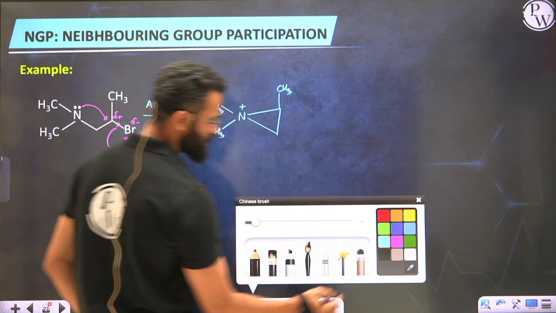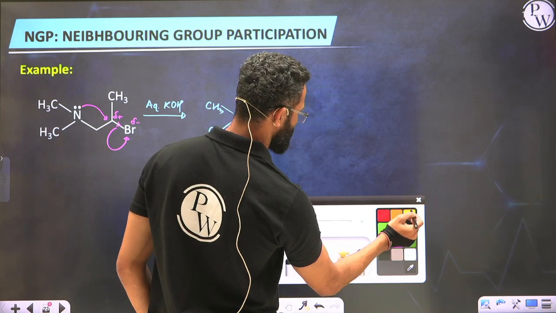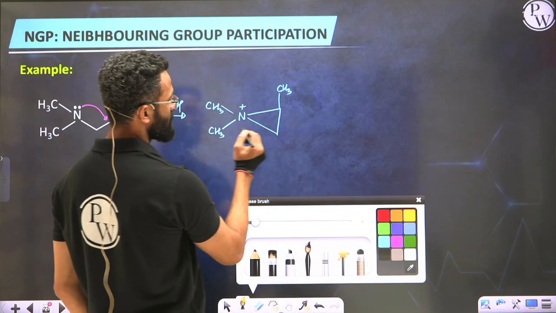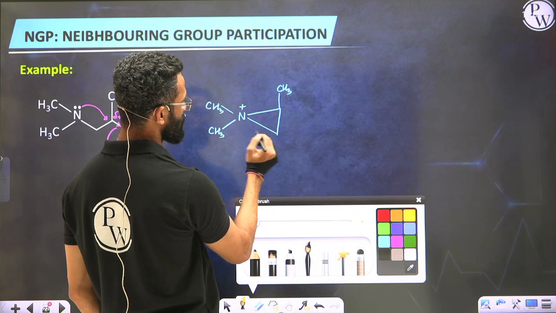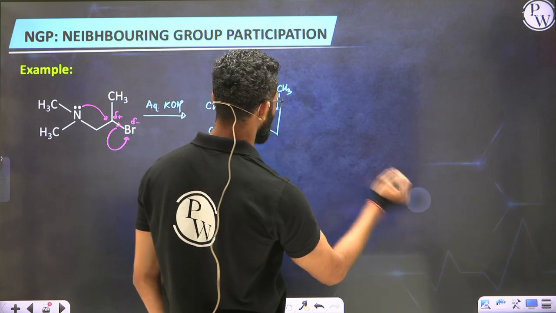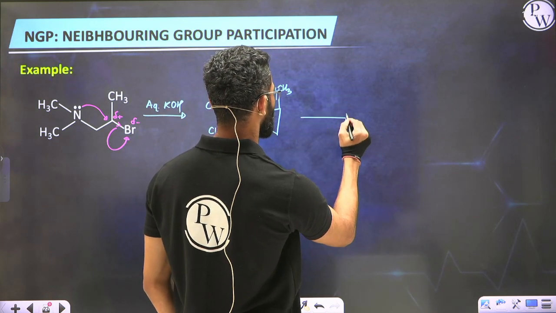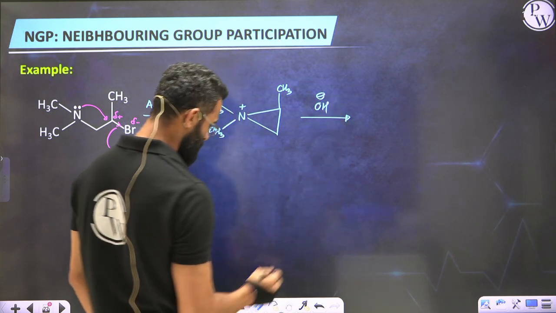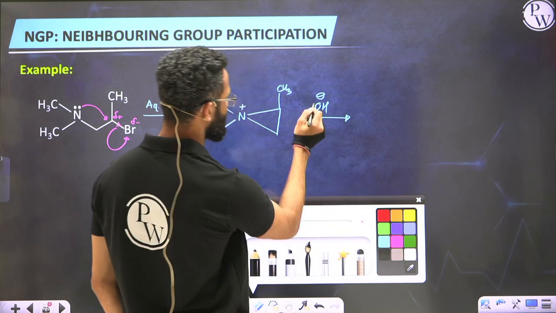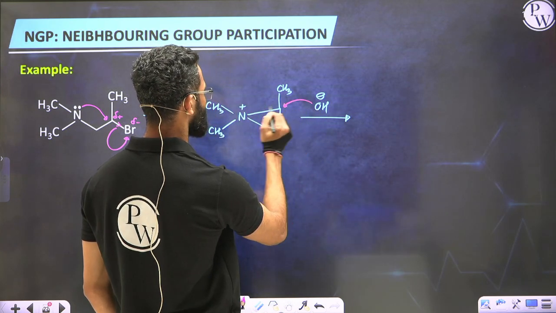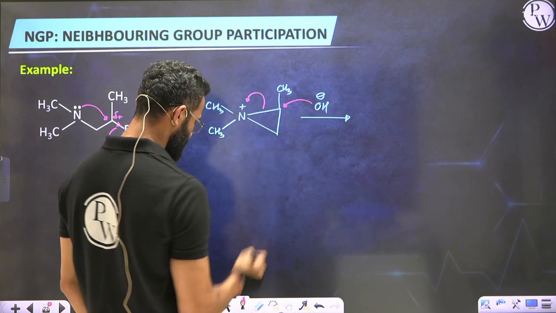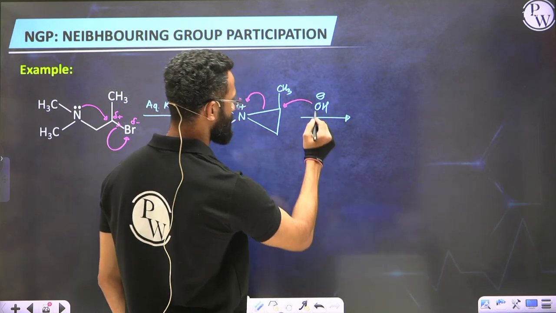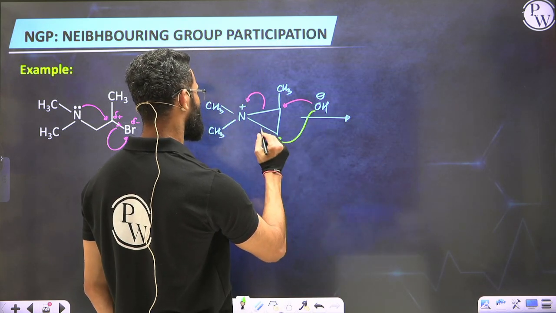Now, naturally, because nitrogen is carrying a positive charge here, either this bond will break towards nitrogen or this bond will break. So what I'm trying to tell you is, now if we have got OH minus ion to act like a nucleophile, this OH minus ion can either attack at this carbon so that this bond will break, or at this carbon so that this bond will break.